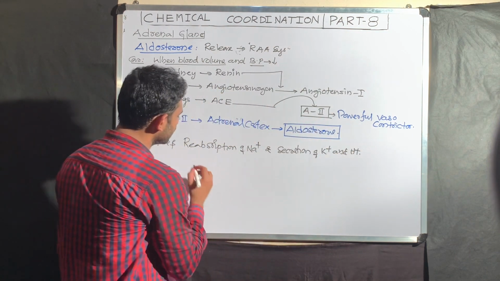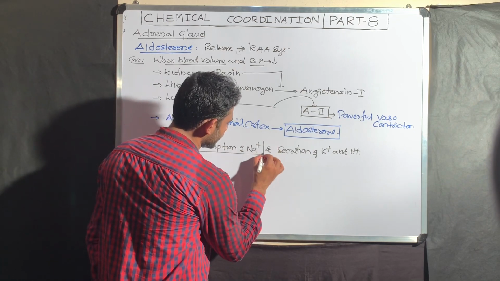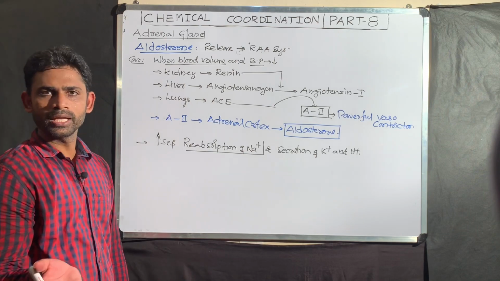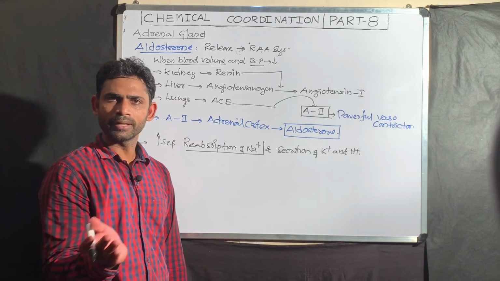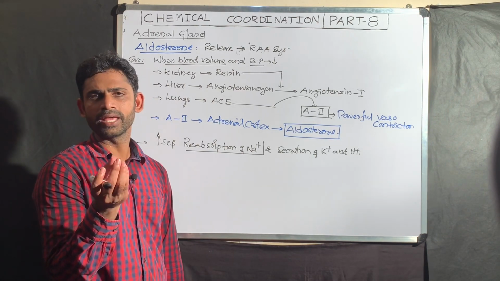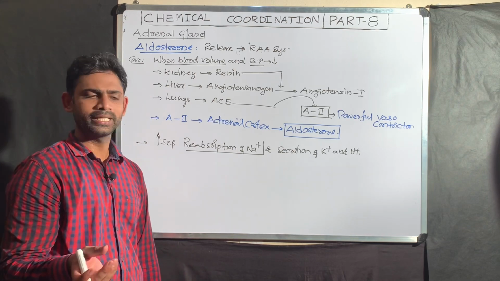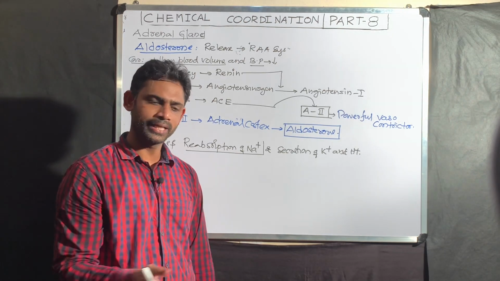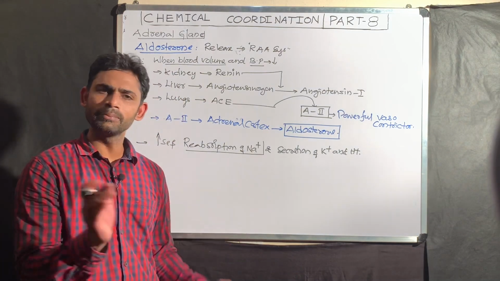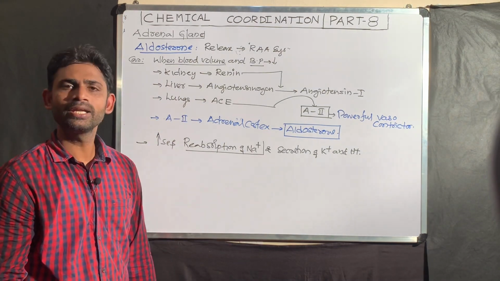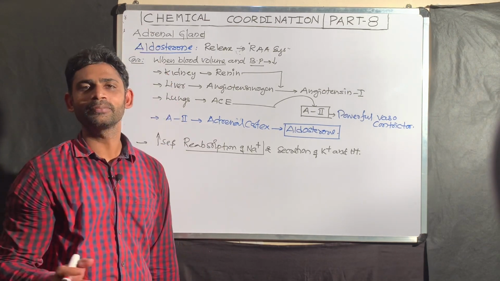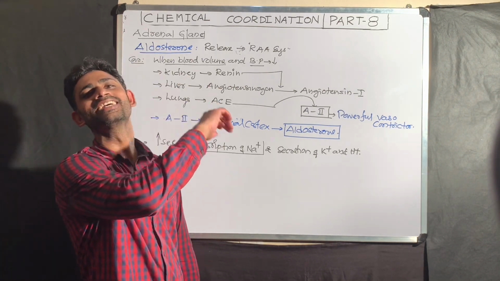So automatically what happened? It increases the reabsorption of sodium from the kidney. That means sodium is getting into the blood from the kidney, and any sodium ion that would be lost through the urine is entering into the blood. Automatically blood sodium level is increasing, meaning blood solute level is increasing, so blood pressure is increasing.